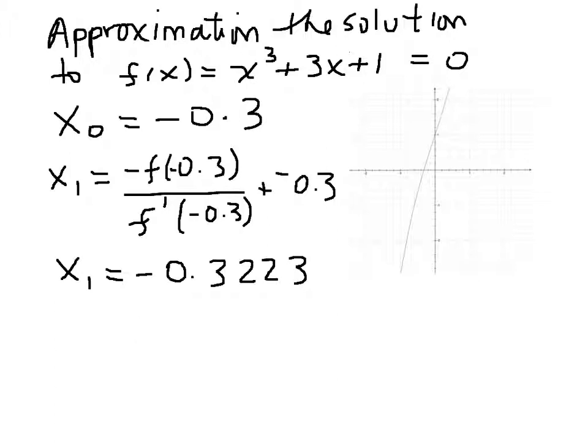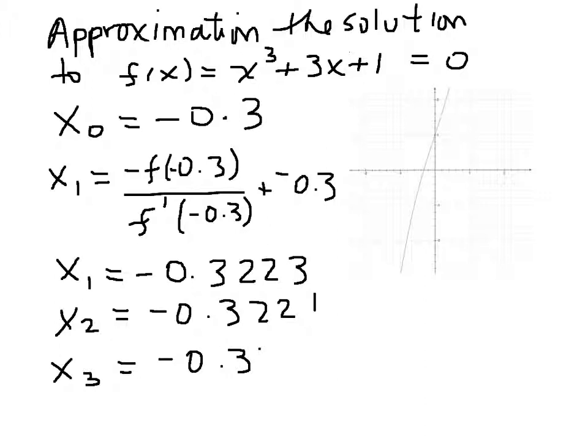The next one is x sub 2, and that'll turn out to be minus 0.3221. And the next one will be minus 0.3221 again.